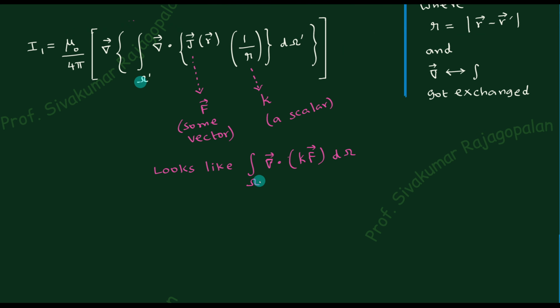Now all you have to do is find out the corresponding product rule for this kind of expression. I think I will express this equation separately in another place and simplify and then come back here, otherwise this board itself will be clumsy, scattered with many other different topics. So let us discuss the product rule separately on a rough board or rough paper. Then once we understand that, we will come back here. And we will use the Gauss divergence theorem for now.